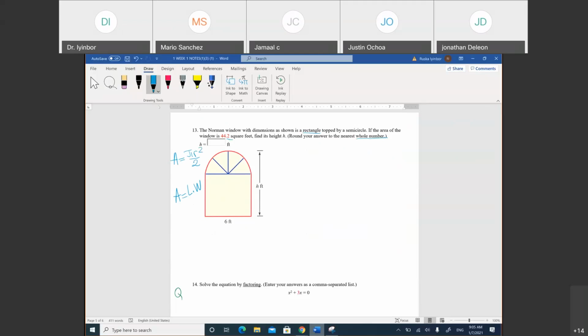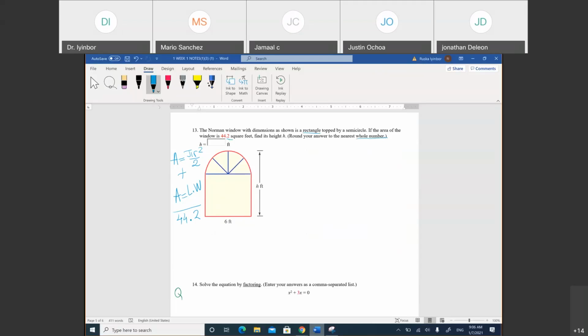When you add those two formulas, the top and the bottom, the total area of that window is 44.2. This is what you use to set up the equation.